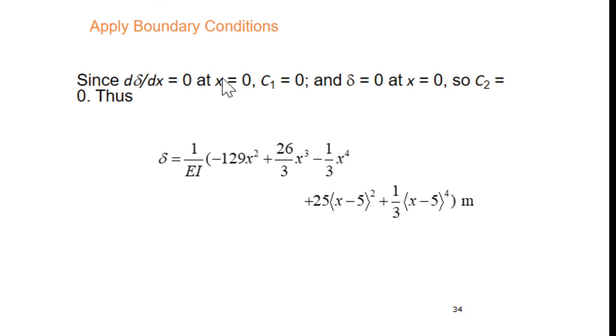And if you put this in the slope equation, you will get C1 equals 0. Another boundary condition, at x equals 0, y equals 0. So if we put this value in the deflection expression, we can get C2 also equals 0. So finally, our equation of the elastic curve will be this one. So this completes your second example.